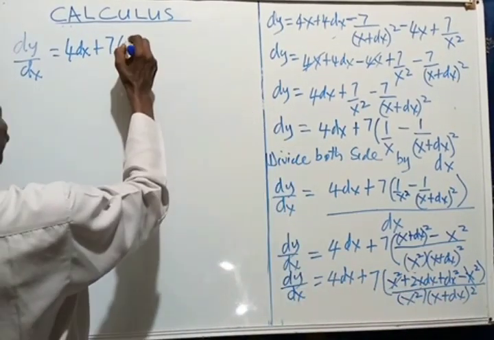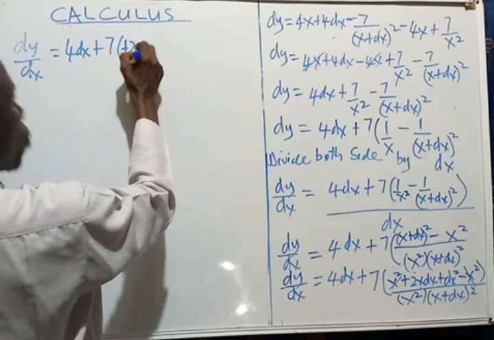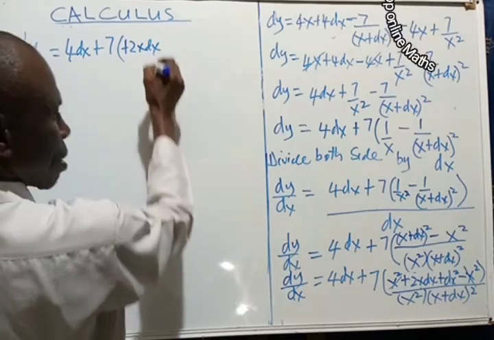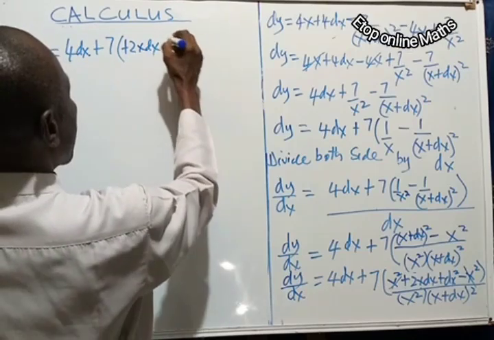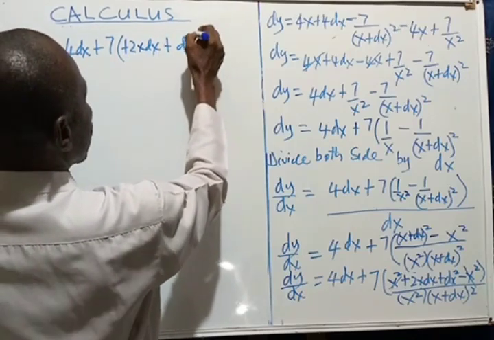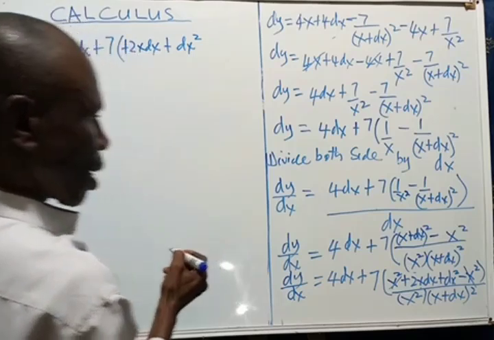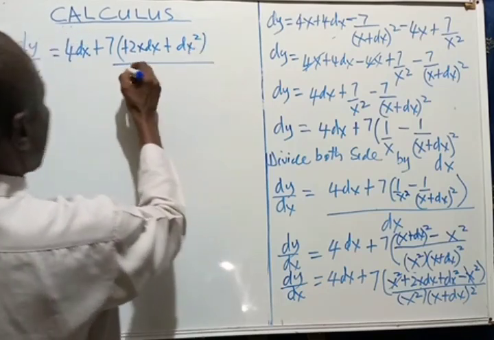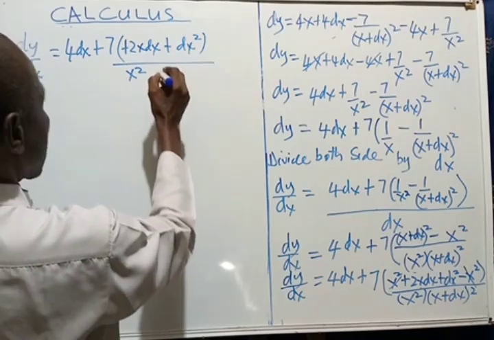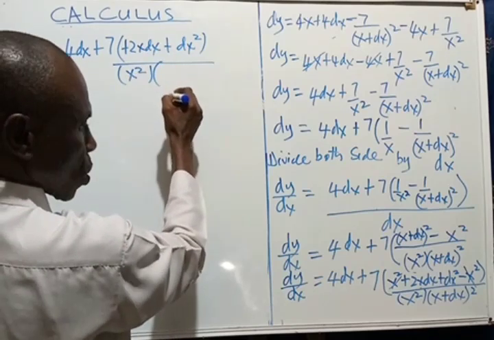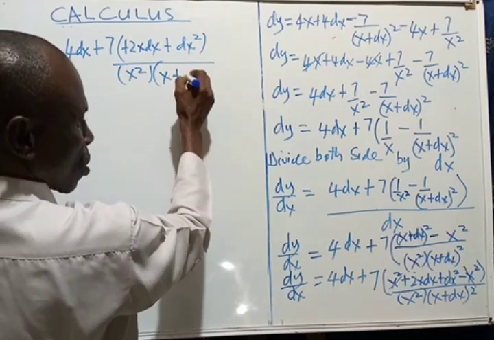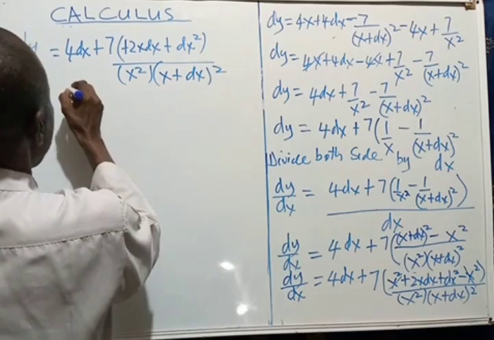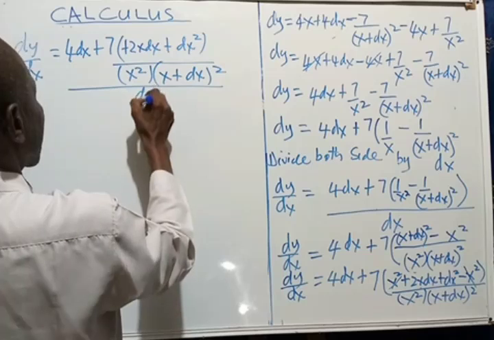I'm now left with plus 2x dx plus dx squared over x squared into x plus dx raised to power 2 over dx.